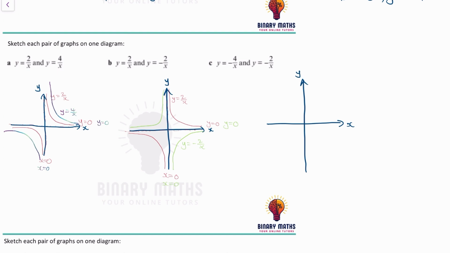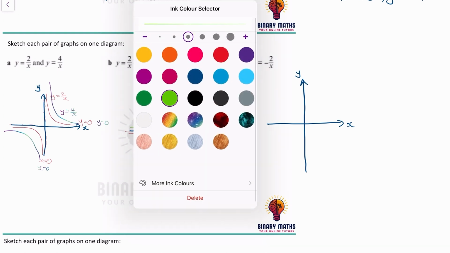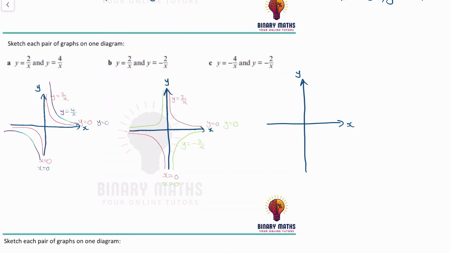Y is equal to negative 4 over x. Negative 4 over x is a negative reciprocal graph, so it's going to be here. Because I've got negative 4 over x and negative 2 over x, I'm actually doing negative 2 over x first. So negative 2 over x is this one. So y is equal to negative 2 over x, because negative 4 over x will be further away from the axis.